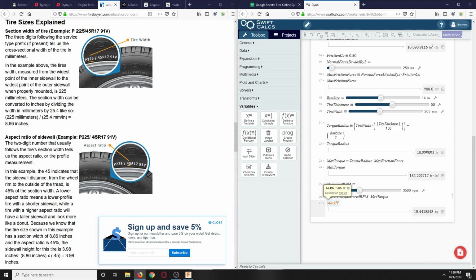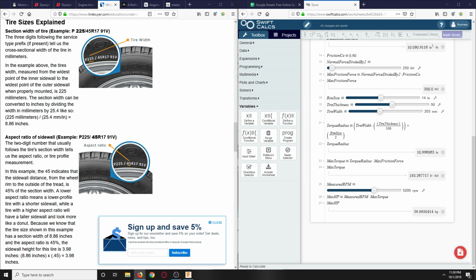So that's 19 horsepower. But I think the max foot-pounds is at like 5 something. 28 horsepower. No, that's not right.